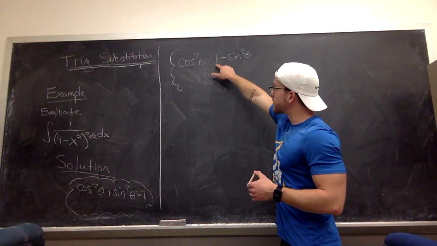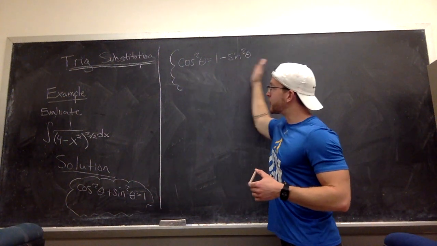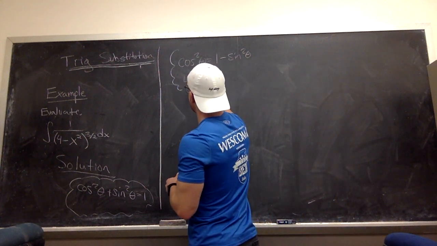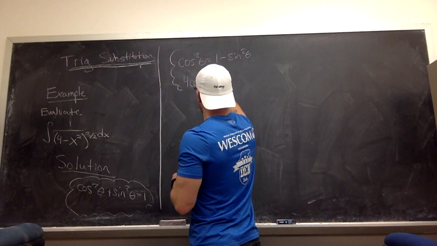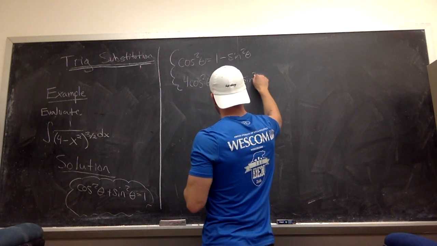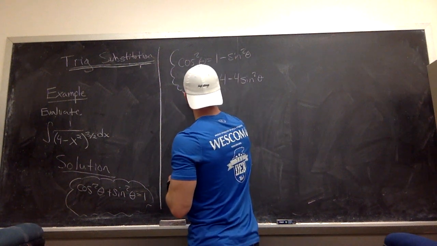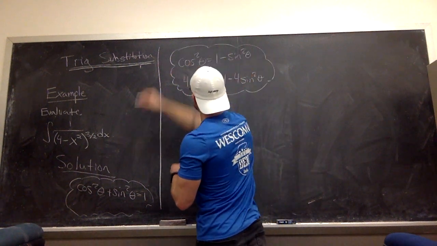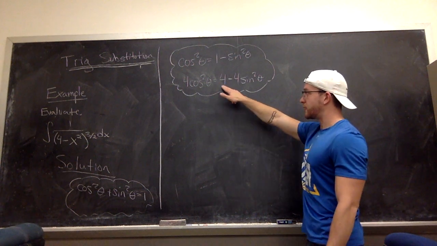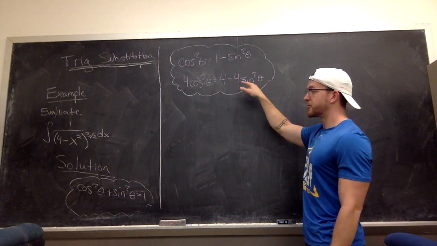I could just force this to be a 4 by multiplying both sides here by, say, 4. Now I have 4 minus something squared.